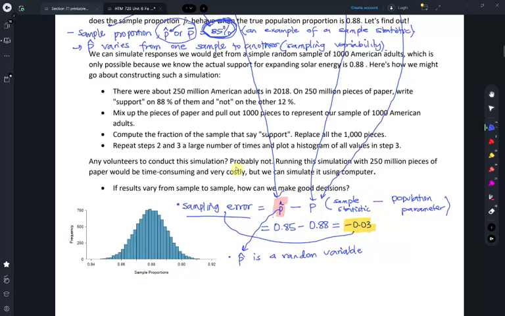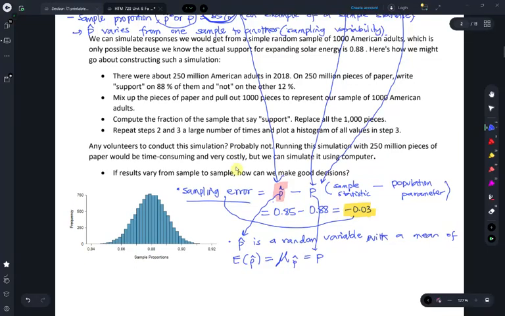And if it's a random variable, we're usually interested in the mean of that random variable, otherwise called the expected value. It will average around the actual population parameter we want to estimate.